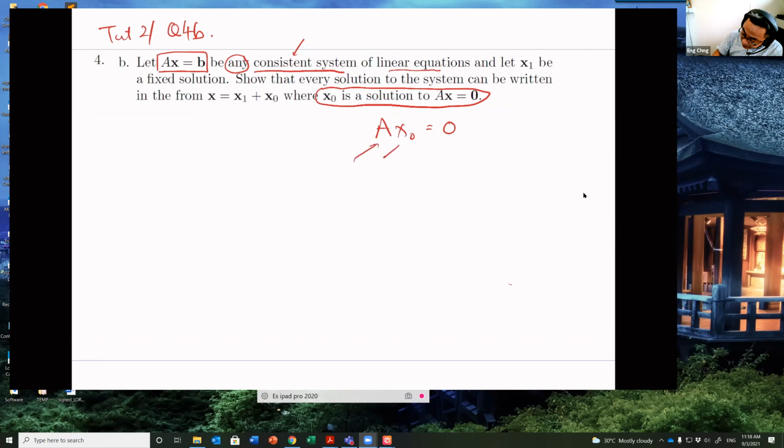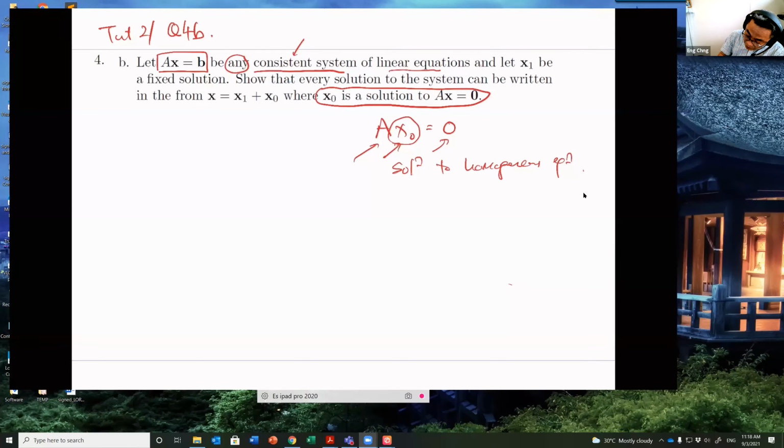So A times x0 gives you the 0 vector. x0 is the solution to the homogeneous equation. So A times x0 gives you nothing in that sense. You can think about it this way. It's not very exciting, but actually it's very interesting.